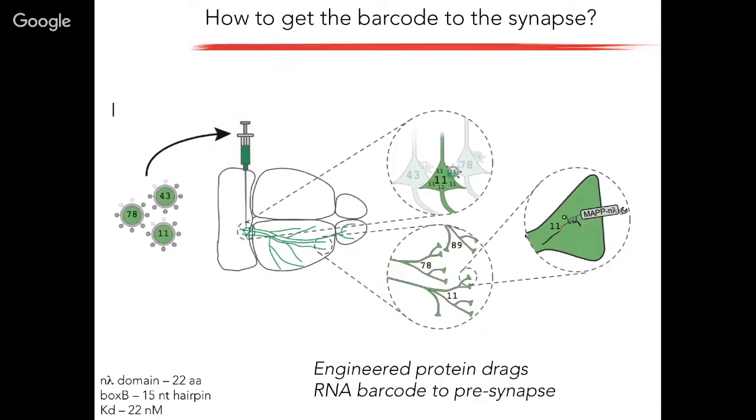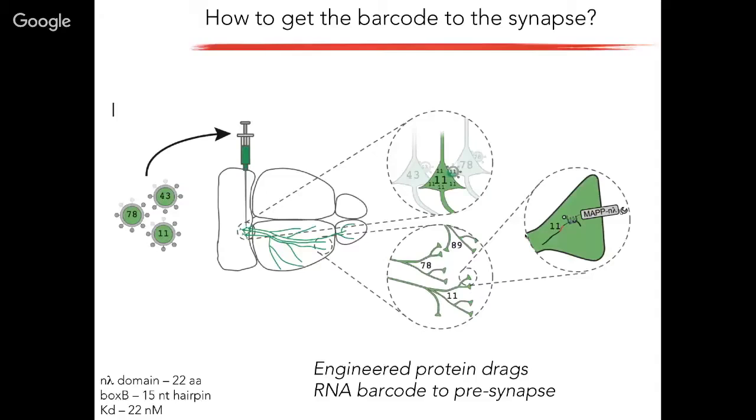of sufficient diversity. There's this remaining challenge of getting the barcodes to the synapse, because typically most RNAs don't travel to distant axons. And here in one slide, I'm summarizing the PhD thesis of a very talented graduate student in my lab, Ian Peikon, who figured out a modification of a synaptic protein, shown on the far right, that allows that protein, which normally traffics to axon terminals, to grab onto the RNA barcode through a so-called N-lambda domain.